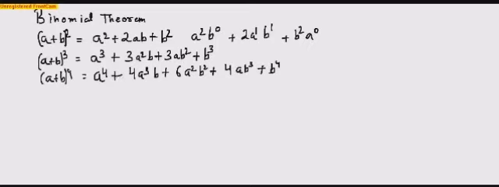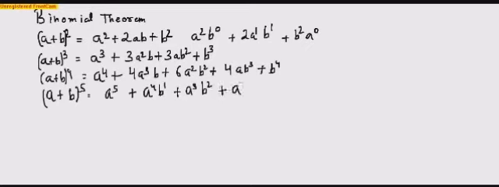Now suppose, based on this observation, I ask you to write a formula for (a + b) whole to the power 5. You shall at least be able to write something like this: a to the power 5, then something like a to the power 4 b to the power 1 plus a cube b square plus a to the power 2 b cube plus a b to the power 4 plus b to the power 5.